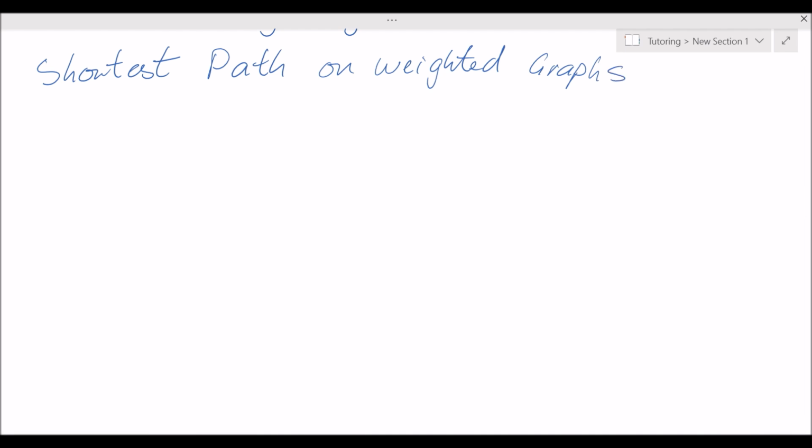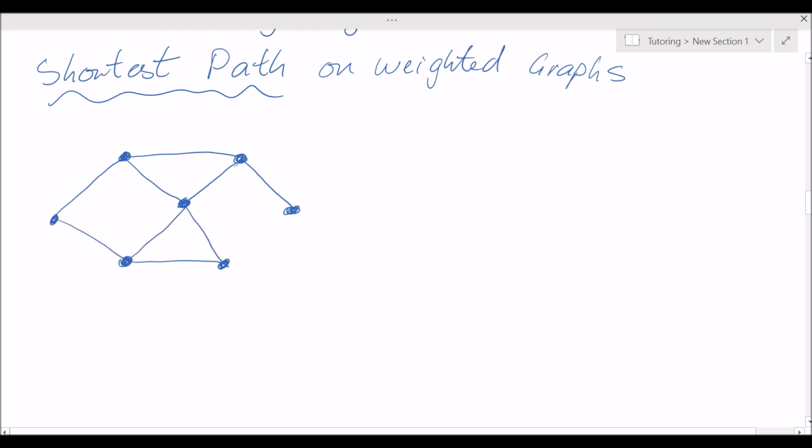Okay, so you're probably wondering what a weighted graph is. Well, a weighted graph is one of those graphs as we were looking at before, except it has values on it of some kind.